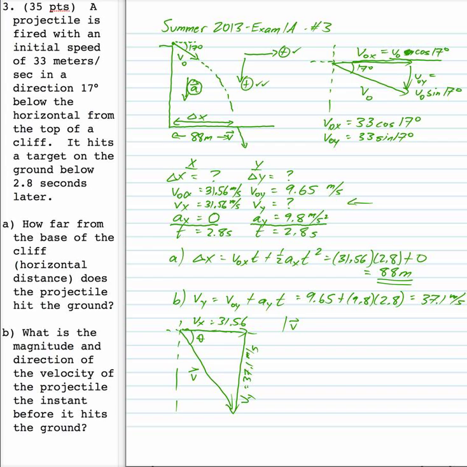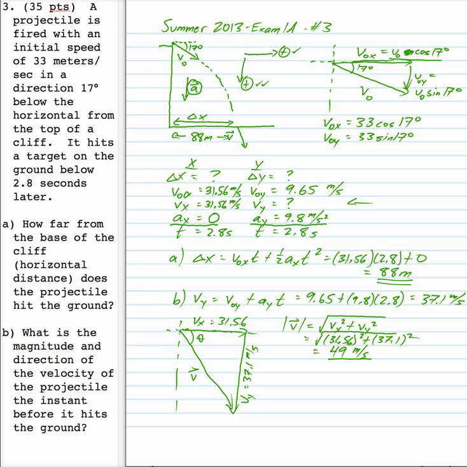So the magnitude of V can be found with the Pythagorean theorem. If I plug in 31.56 and 37.1, I get 48.7, which I'm going to round to 49 meters per second.